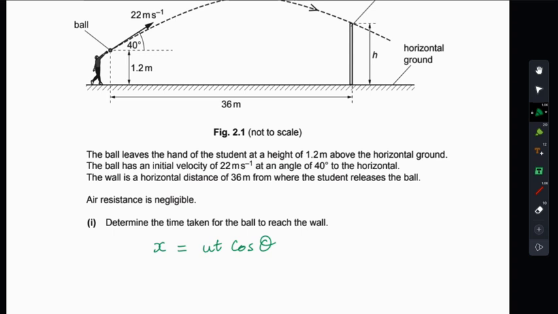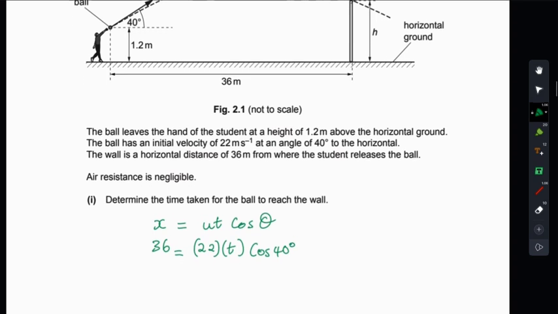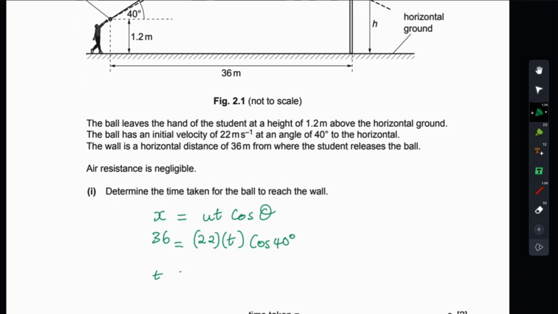The initial launch velocity is 22, and we're looking for time. We don't know t. x is 36 and we have cos 40 degrees. That means t is equal to 36 over 22 cos 40 degrees.